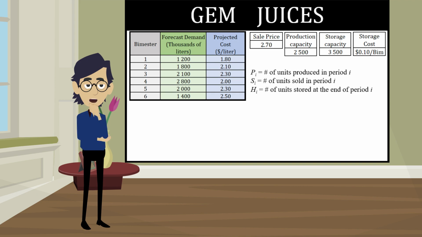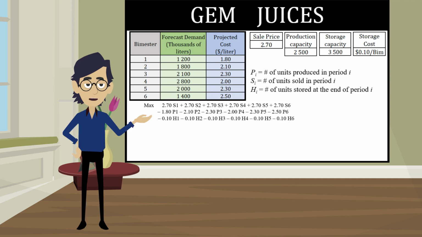Remember that we want to maximize our profit. We will express our profit as income minus the production cost minus the storage cost. With our new decision variables, the objective function can be denoted by the following expression. The first row is our total income, which is obtained from the number of units sold during the 6 bimesters, multiplied by the selling price.